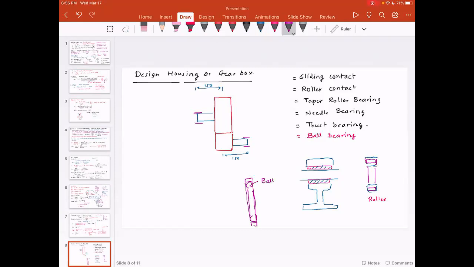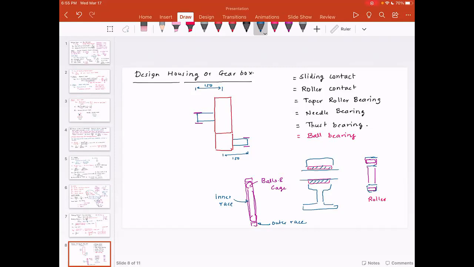So you have balls and cage, inner race, and outer race, and you can choose depending upon the application what type of bearing to use.